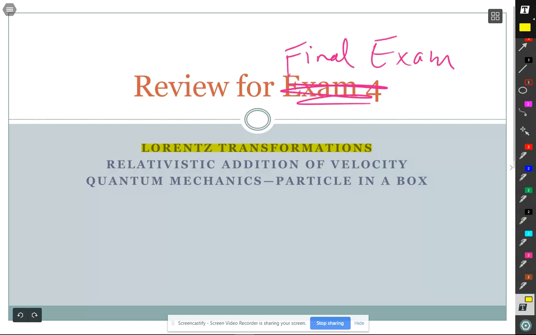Lorentz transformations, and what I would give you would be the calculus part of that, where you find the equation for either parallel or perpendicular addition of velocities using the Lorentz transformations. So that's what the second line says, the relativistic addition of velocity. And then the quantum mechanics that we've been covering for the last 2.5 lectures in this class period.